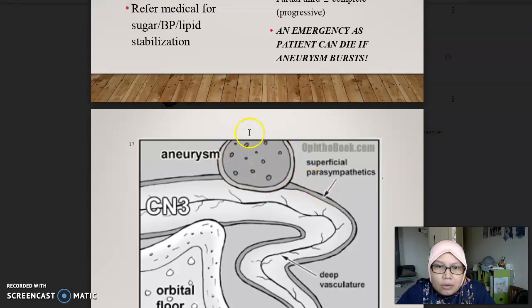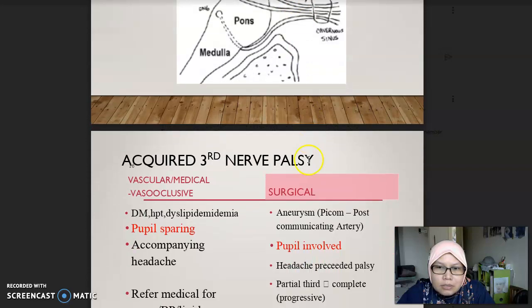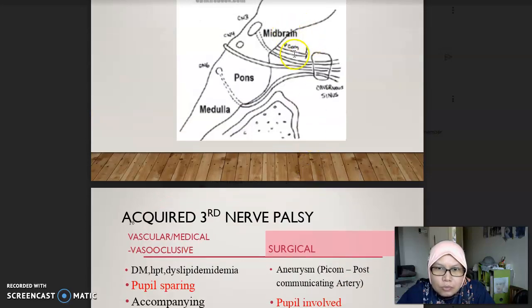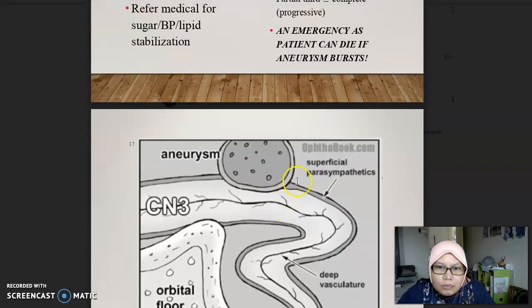So anything compressing from the top, as you can see in the anatomy, the posterior communicating artery is on top of the third nerve. Anything pressing, like a tumor or aneurysm or bleeding, subdural hematoma or extradural hematoma, compressing from the top, the superficial fibers will be affected.